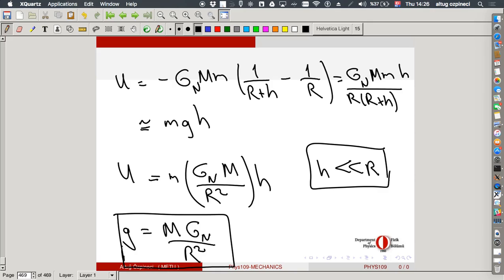Now let's look at one more thing. When we were discussing the masses of objects, in the first few weeks of this semester, we defined the mass of an object compared to the mass of a standard unit, which was in Paris. Using Newton's laws, we could relate an unknown mass to the standard mass.